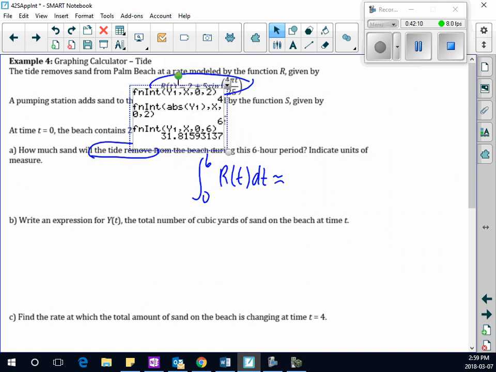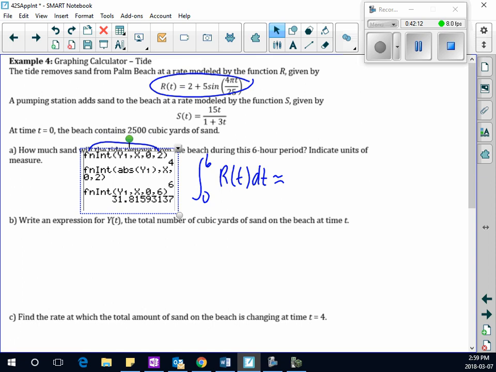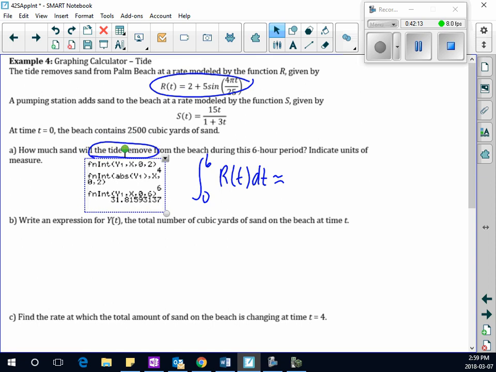So what does this represent? If this is a rate and we're integrating this rate and it's talking about cubic yards, what would that mean?